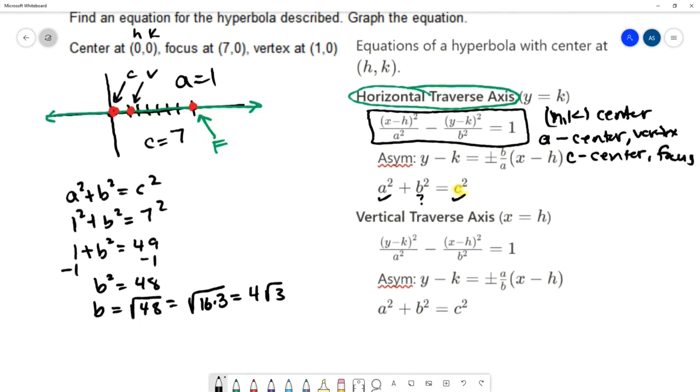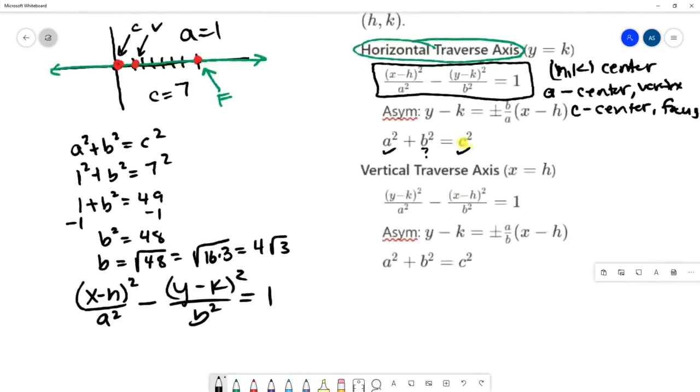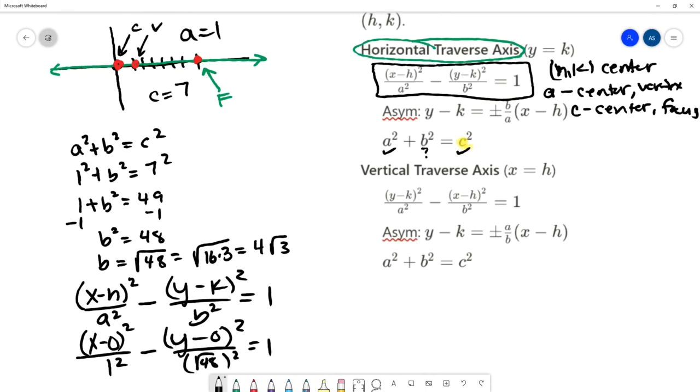And that's the first part of this problem, finding the equation that has these properties. So I'm using the equation (x minus h) squared over a squared minus (y minus k) squared over b squared equals 1. We have (x minus 0) squared over 1 squared minus (y minus 0) squared over square root of 48 squared.